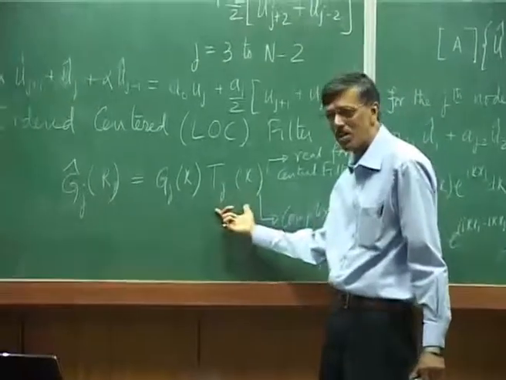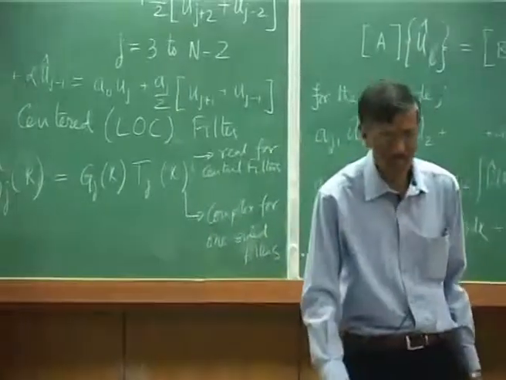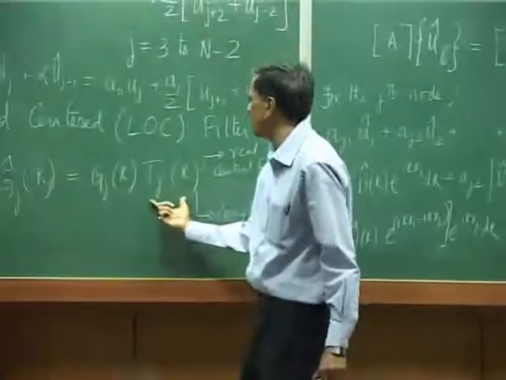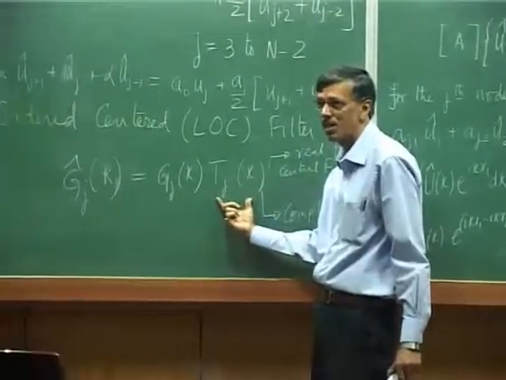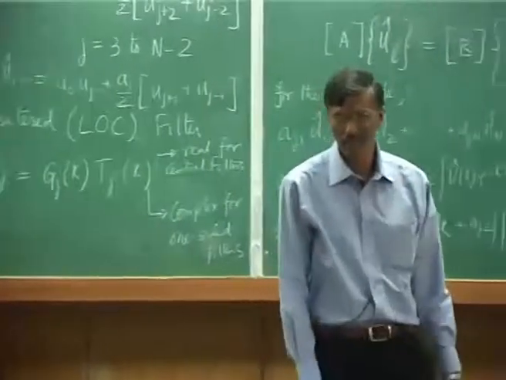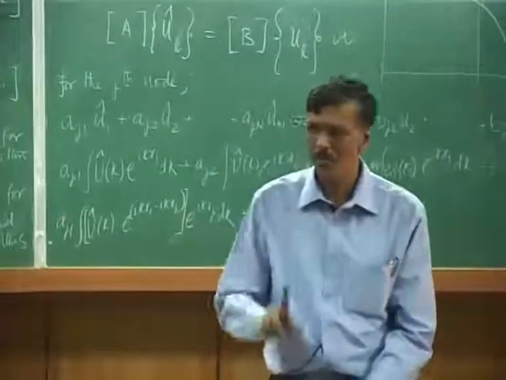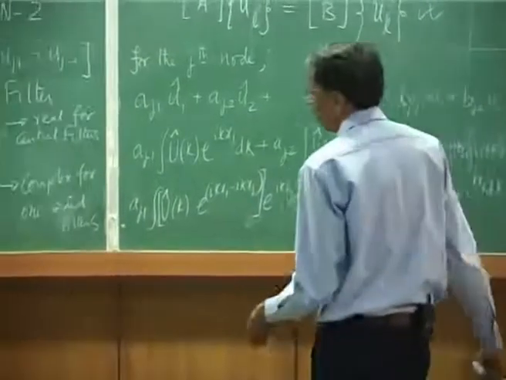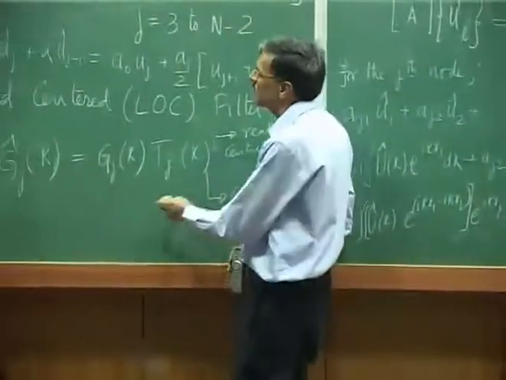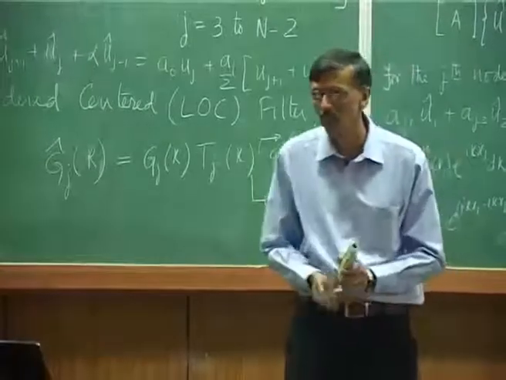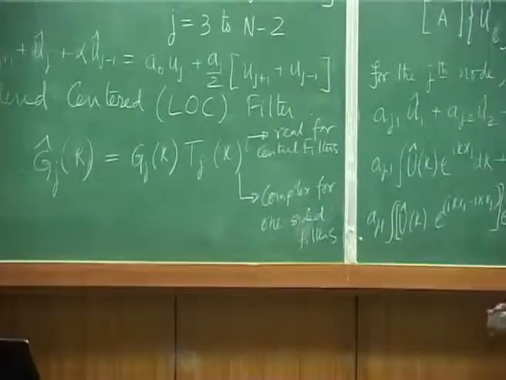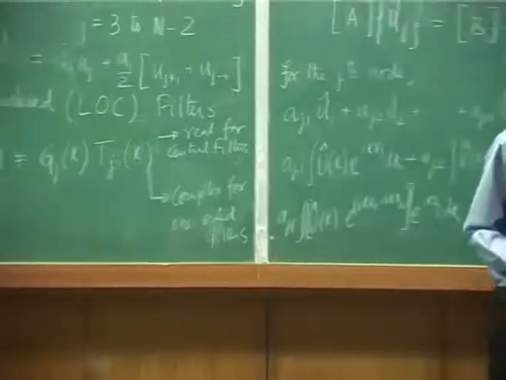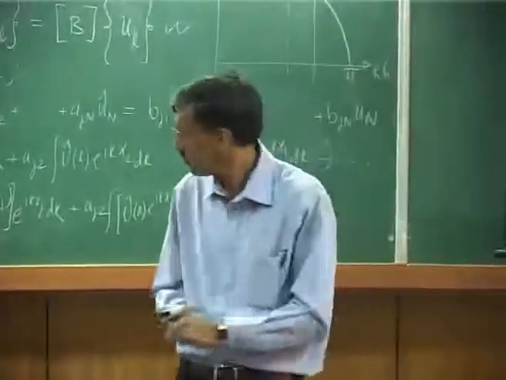But if this is becoming complex, it actually puts you in a dilemma, because your original G of j is correct, but now that you are adding a complex transfer function, that will shift the phase relationship of G imaginary and G real. So, you know that there would be some sort of a conflict, and it is for that reason that we always try to avoid using a one sided filter, and these LOC filters are one way of getting around that.